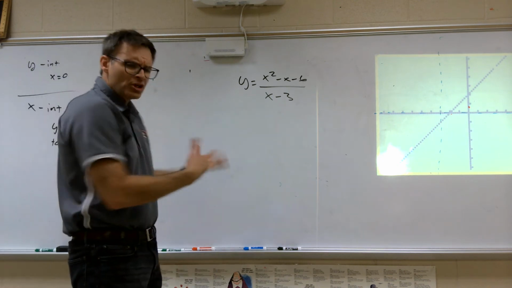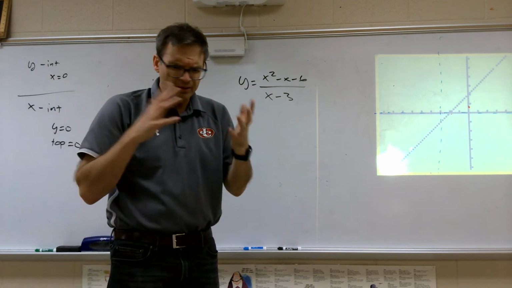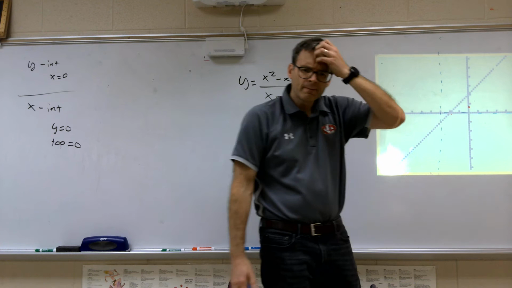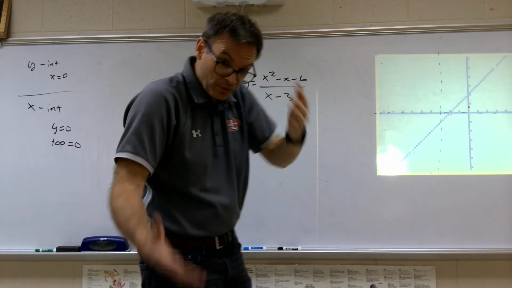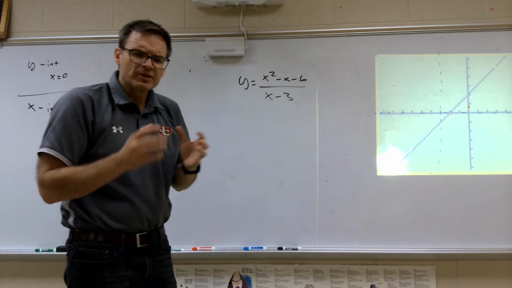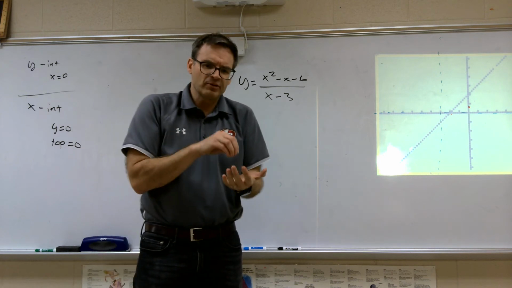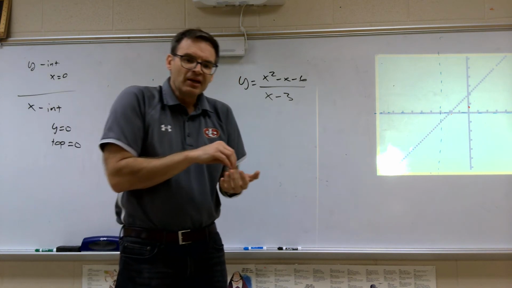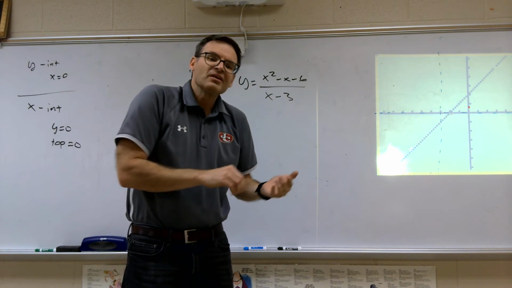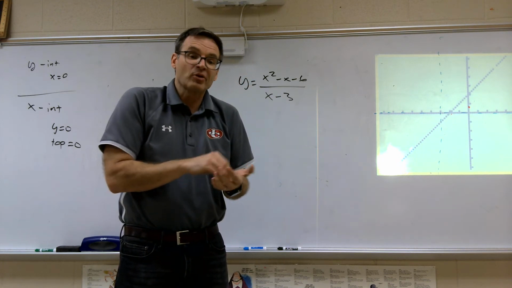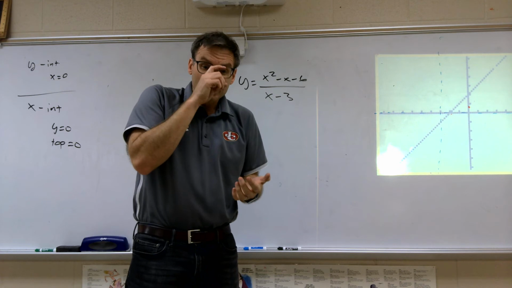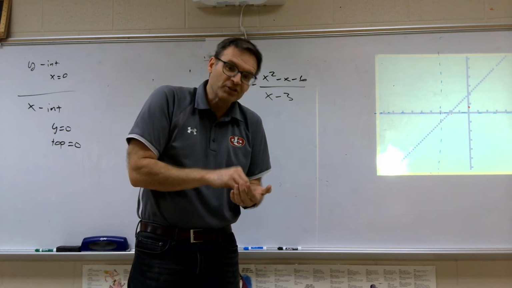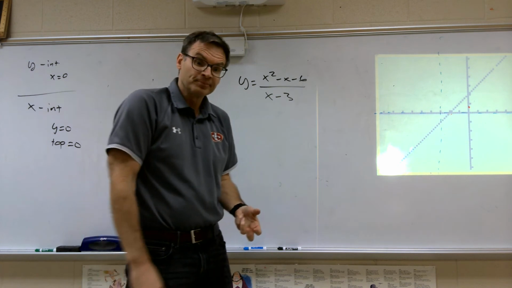What should be really a mess simply looks like a line. Now, for those of you that remember from yesterday, the only thing that created vertical asymptotes was what was undefined after you cleaned it up.